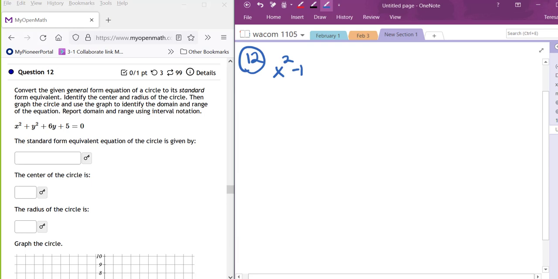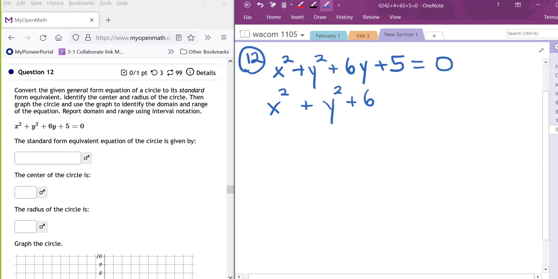So we have x squared plus y squared plus 6y plus 5 equals 0. So you're going to gather up your same kind of terms. So we're going to gather up the x terms, but I only have one x term. So this one, I'm not going to have to complete a square on because it doesn't have another x. The others, I'll gather up the y squared and the 6y, and I know I have to add a number to make this a perfect square trinomial.